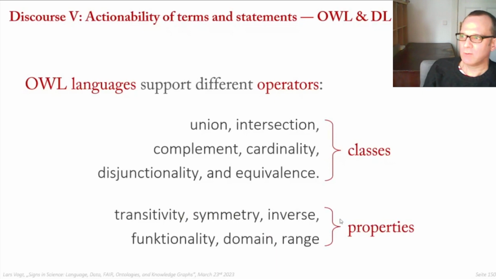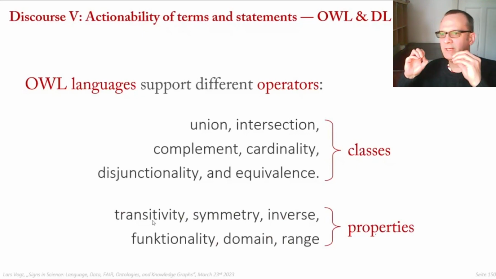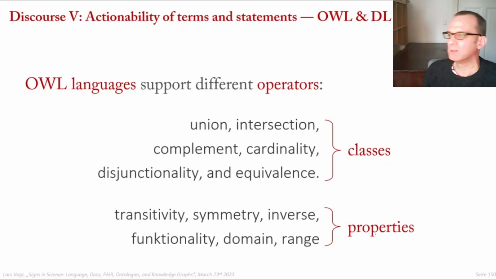And you can also have operators for the properties, like for instance transitivity or symmetry. Transitive: the part-of relation is transitive, which means if A is part of B and B is part of C, then I can say A must be part of C. Or subclass relations, the same. And symmetry means, like in neighborhood, if A is neighbor of B, then B is also neighbor of A.